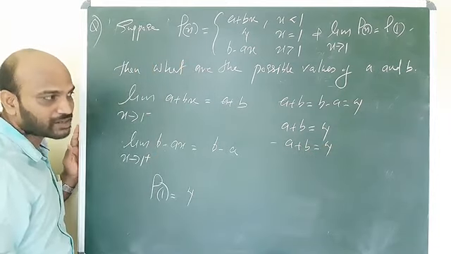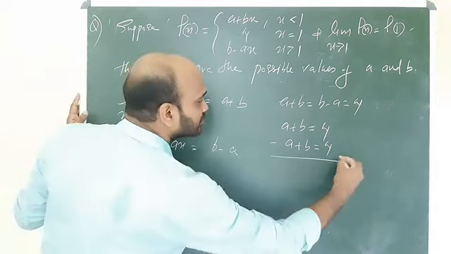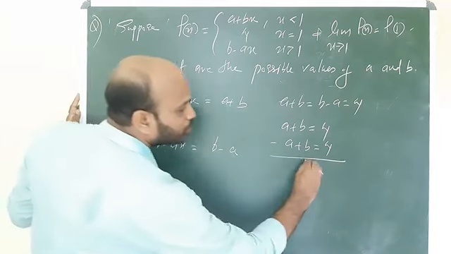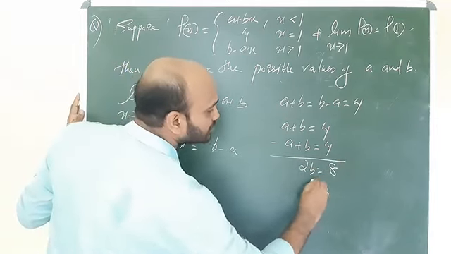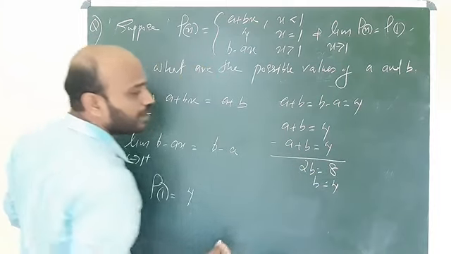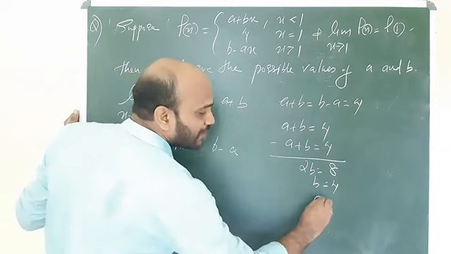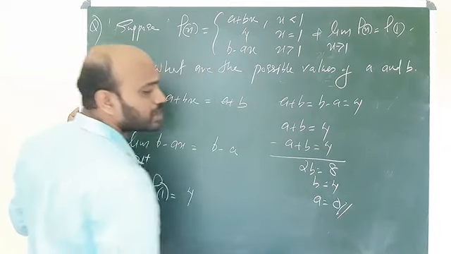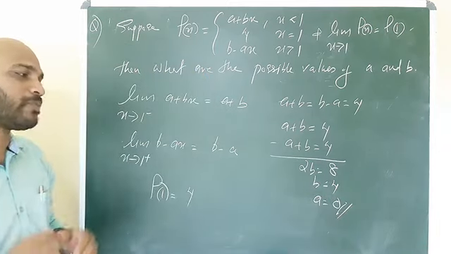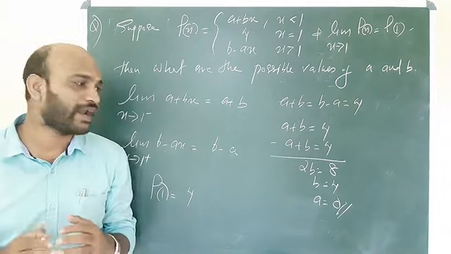This equation we can solve. How can we solve? Just add: 2b equal to 8. So the value of b equal to 4. If we substitute the value of b in any of the equations, what is the value of a? a equal to 0. So the possible values of a and b are 0 and 4.